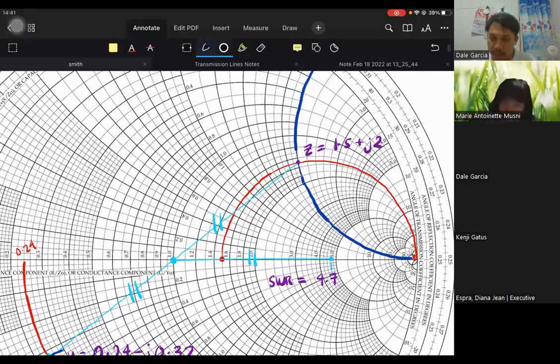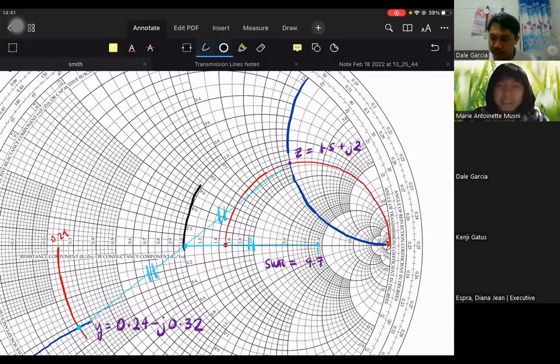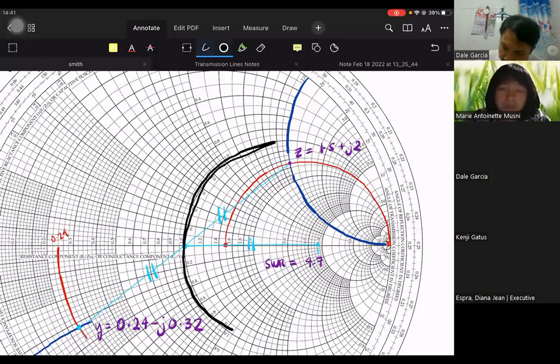The next thing we need to find is the distance from the stub to the load. We extend further clockwise, this one.